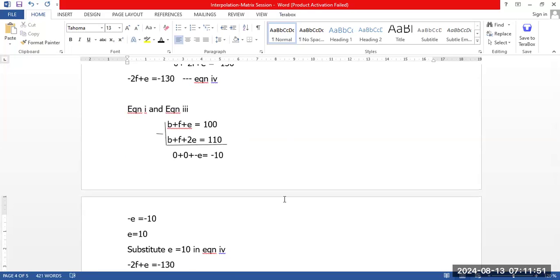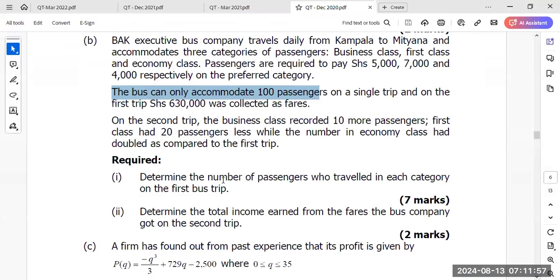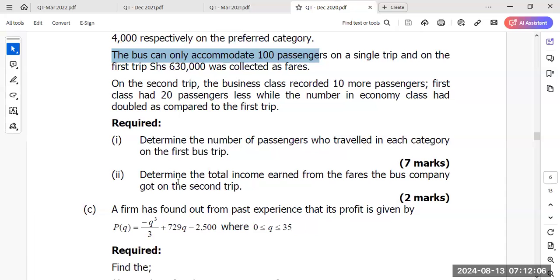So we have answered Roman 1. That is the number of passengers who traveled in each category on the first trip. Then Roman 2, they are telling us we determine the total income earned from the fares the bus company got on the second trip.